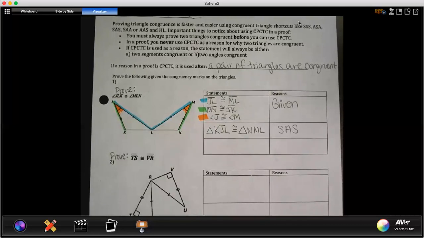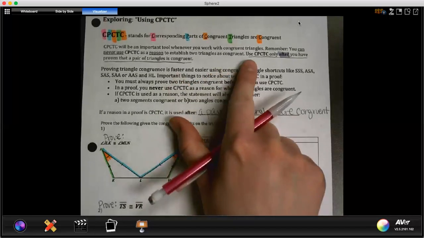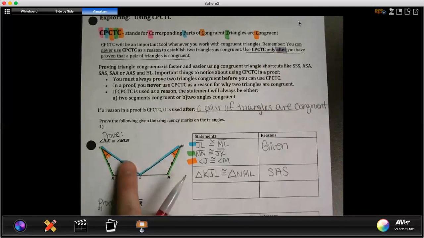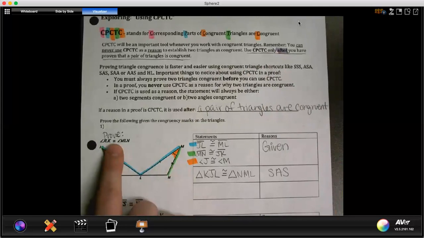Now that I've proven that I have two congruent triangles, or a pair of congruent triangles, I can prove anything else on this triangle is congruent as long as it's in corresponding parts. Again, corresponding parts of congruent triangles are congruent. Now, obviously, we already know this piece of information. So now we want to see this.